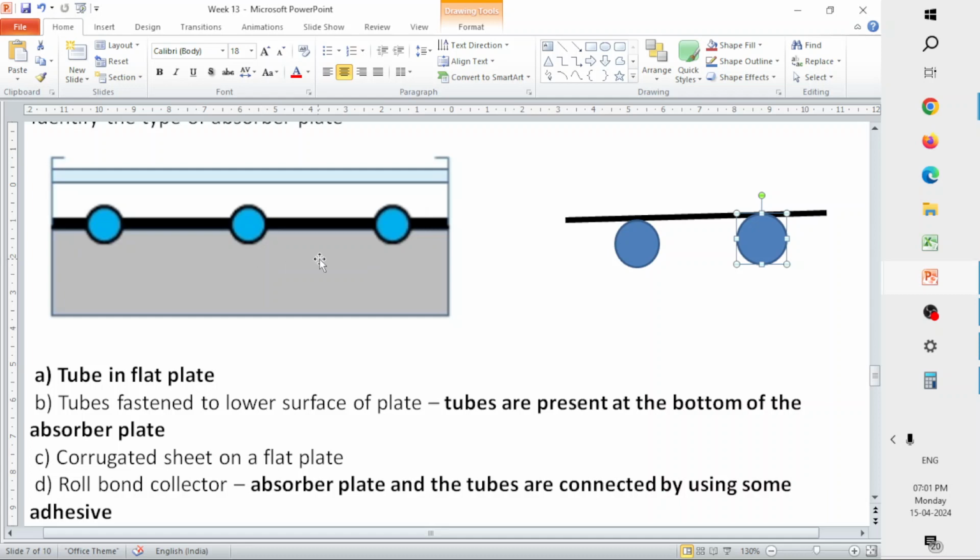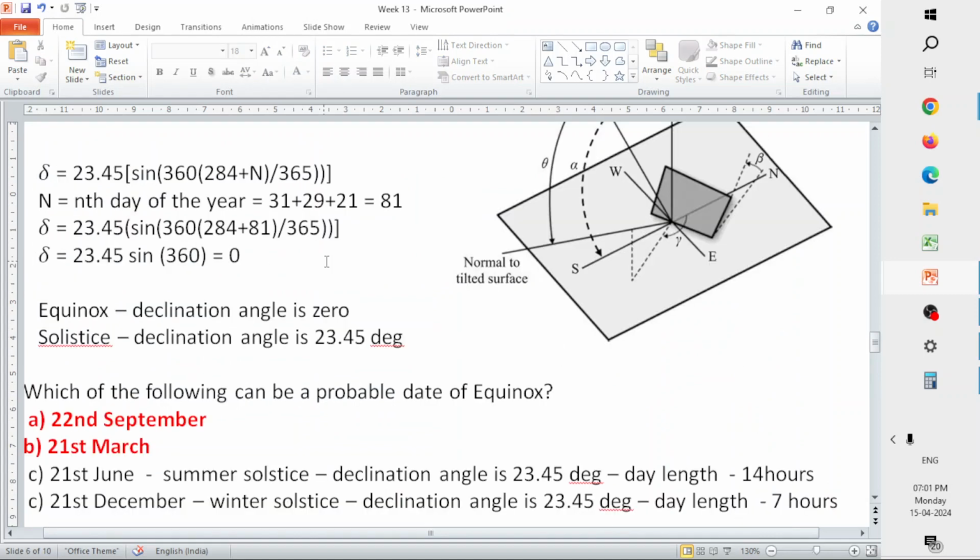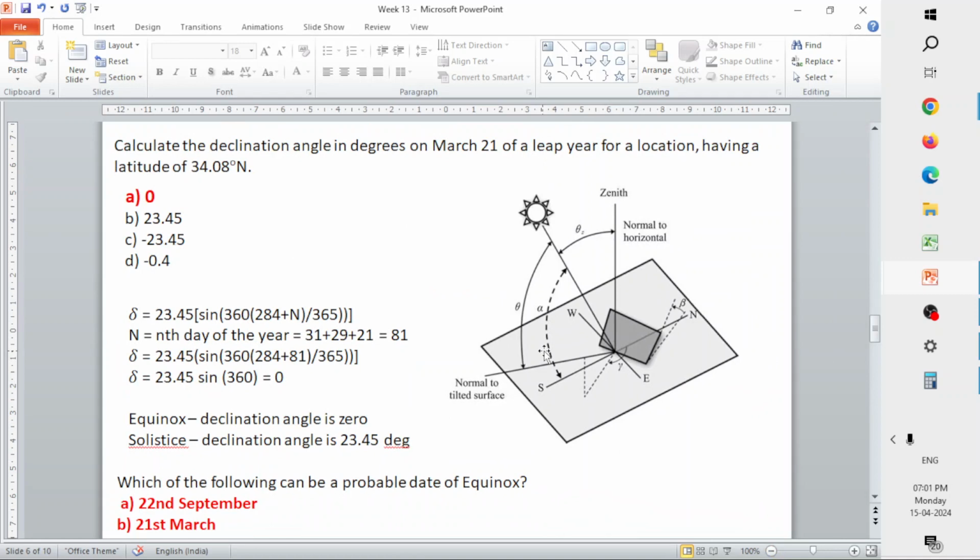So this is about the solar energy, and most of the assignment problems between 1 to 5, we have solved the majority of them in the live interaction session itself. I would request you to go to those live interaction sessions as well as the PPTs if you have doubts on the assignment problems.